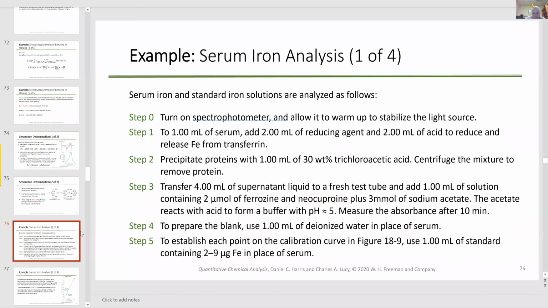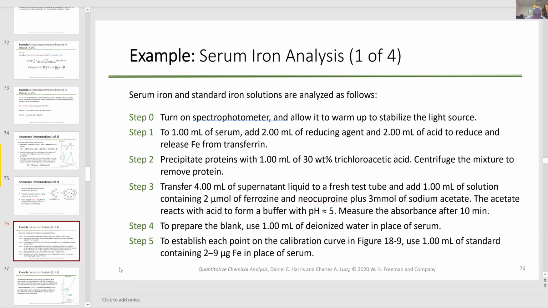So you warm up your light source, you process your protein with all of these things, right? Then use a milliliter of DI water as your blank.